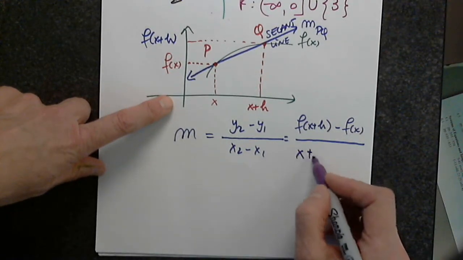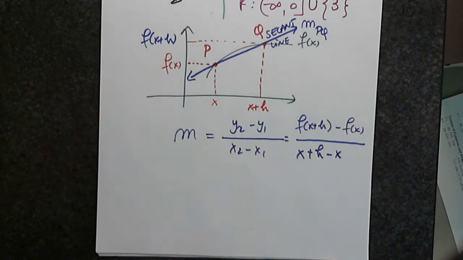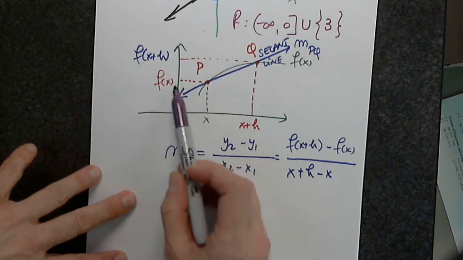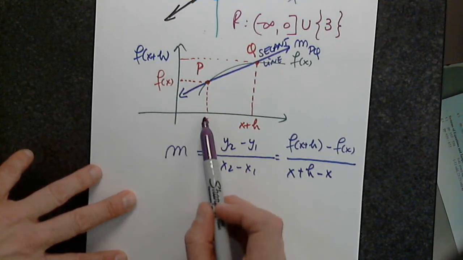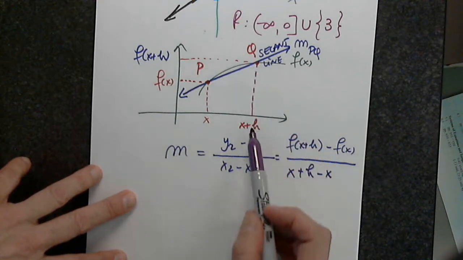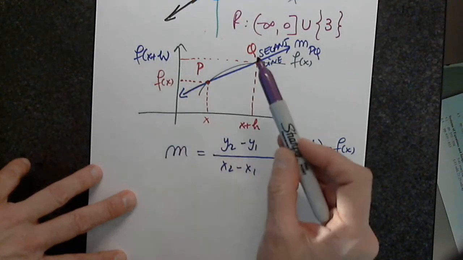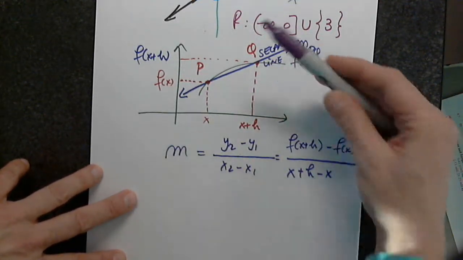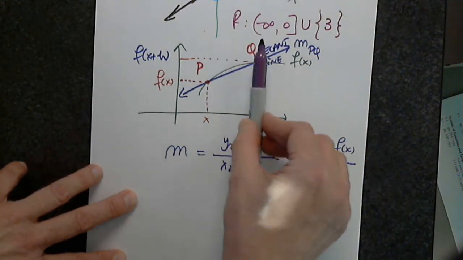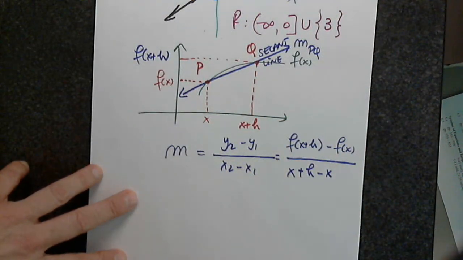Over x2 minus x1. So this is x, f of x. X is x1, and this is y1. Q, this is x2, and this is y2. Y2 minus y1, the rise, over the run, x2 minus x1, as we know from lines.